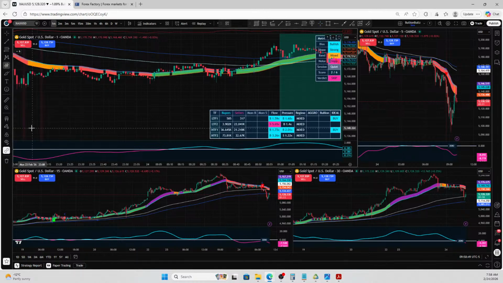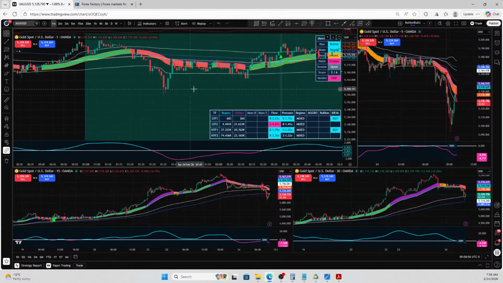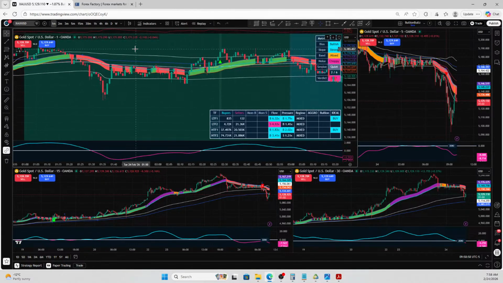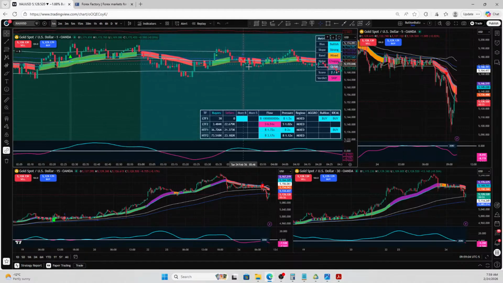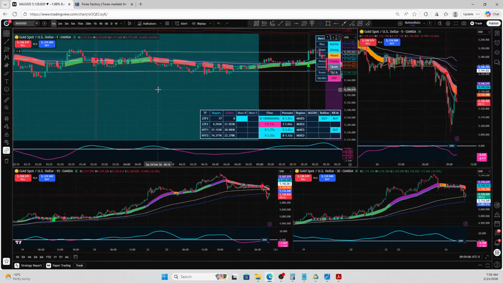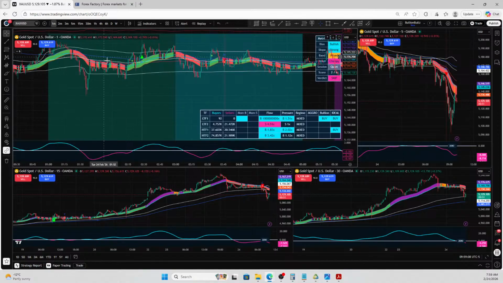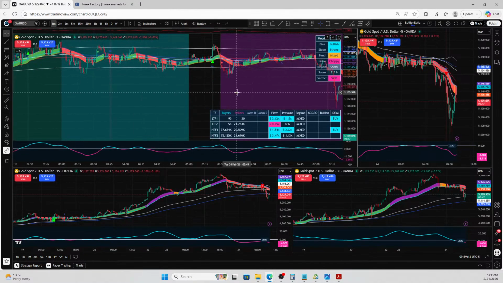What you do is you go to the anchored VWAP and you draw an anchor from this point. You can see that in this area we were range bound. Price stayed in your range pretty much. And this tells you that this is the range you want to trade for that day, basically.